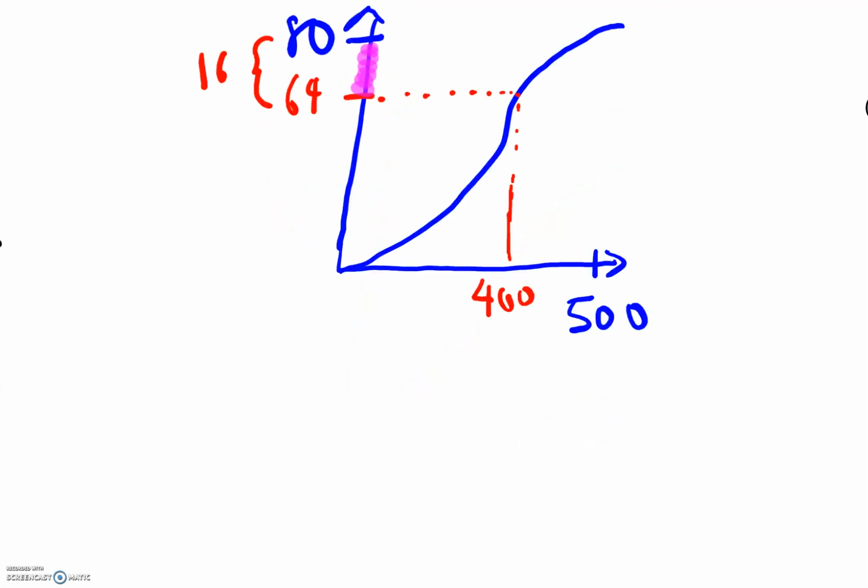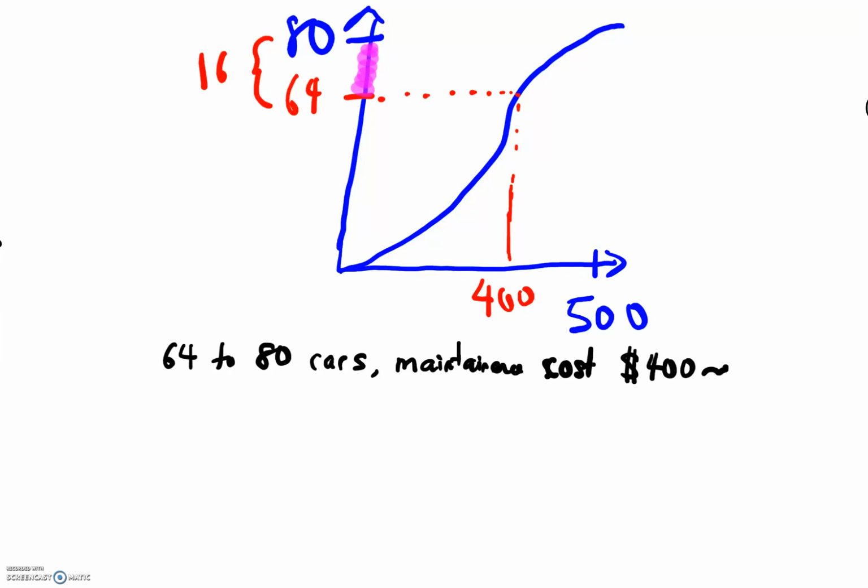So we say that 64 to 80 cars. How much is the maintenance cost? Between $400 to $500.